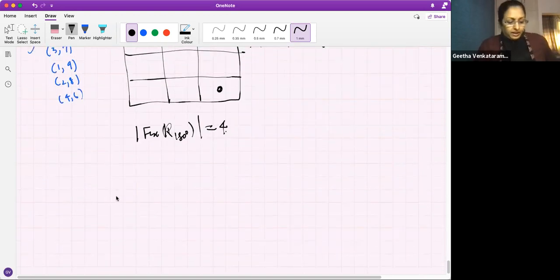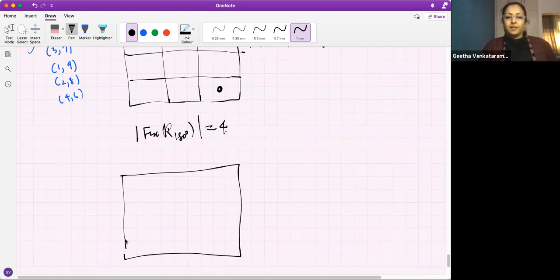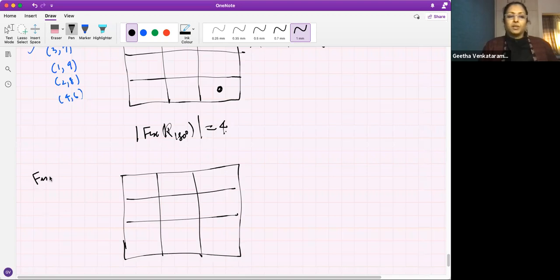What about the flips? I'll do one of them, and let's say we are looking at the horizontal flip. I want to find out what is the fix of F horizontal. We can use the same counting argument that you used in the Burnside lemma.